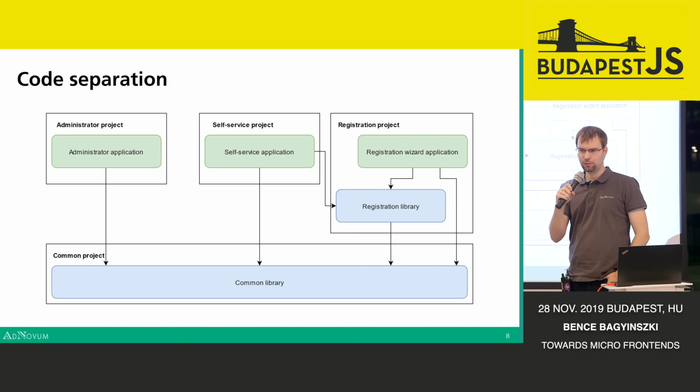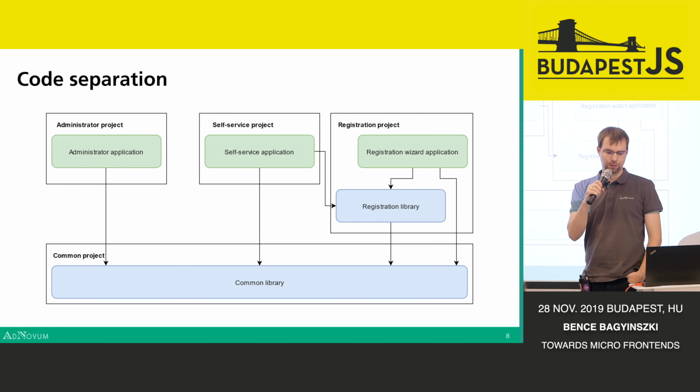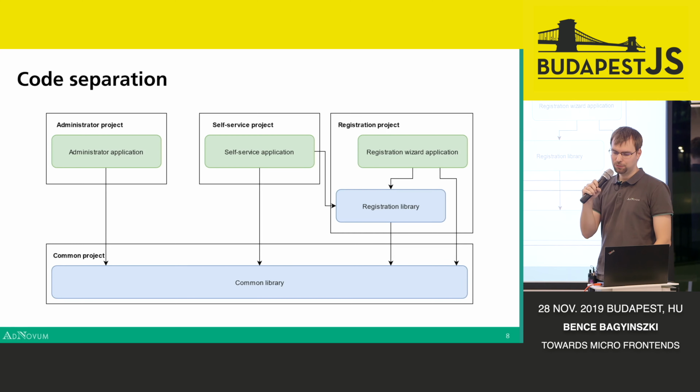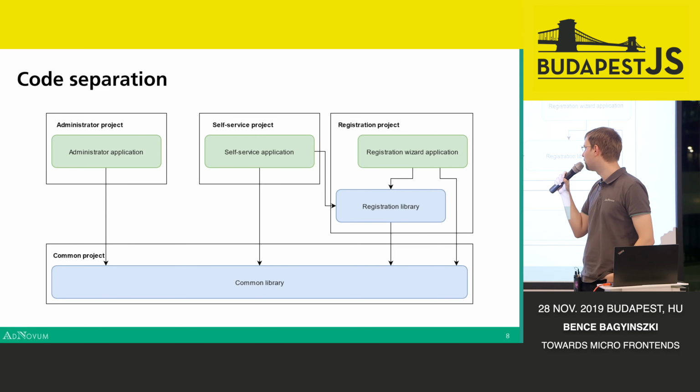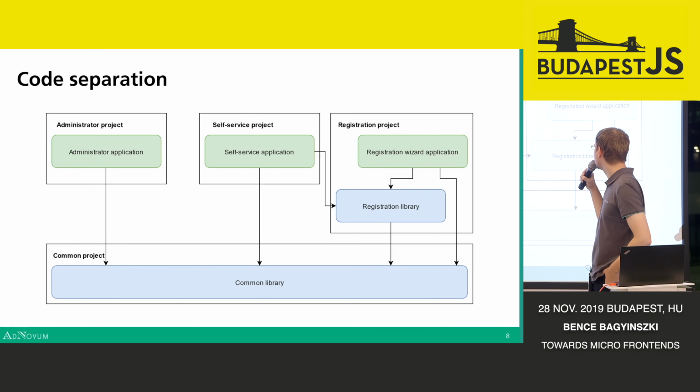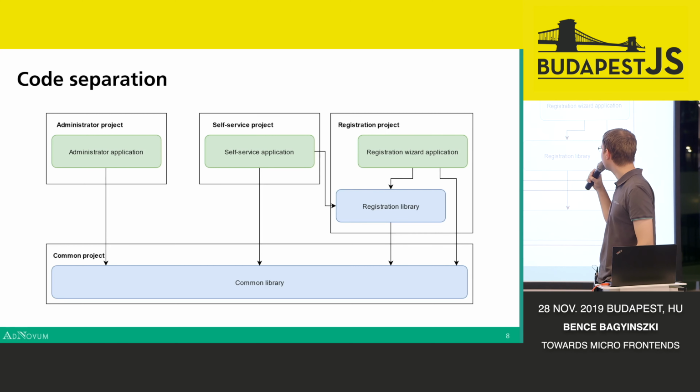Angular provides a solution for creating libraries since version 6. And we decided to use this for the reusable parts, like the so-called common library, which is used by all projects, and the registration library, which is used by both the registration wizard and the self-service application.